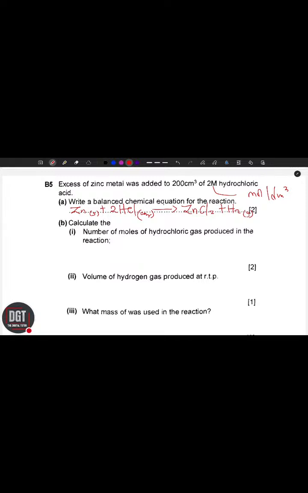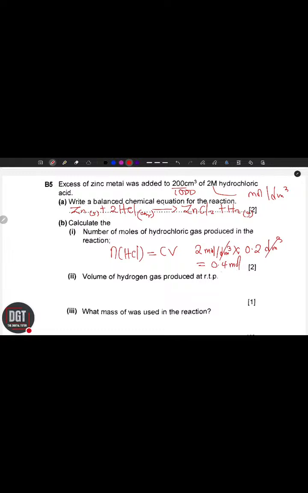Then the number of moles of hydrochloric acid used in the reaction. So number of moles of hydrochloric acid is equal to, what are you given? The volume and concentration. Concentration is 2 mole per decimeter cubed, multiplied by the volume, 200 divided by 1000, which gives us 0.2 decimeter cubed. This gives us 0.4 moles.